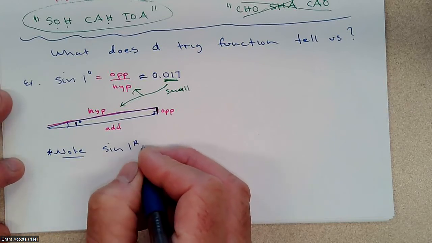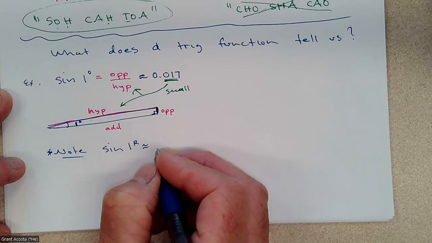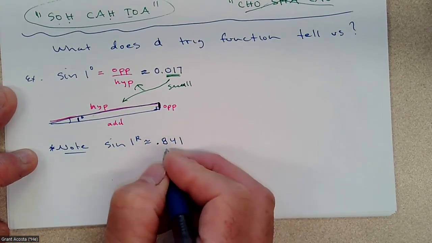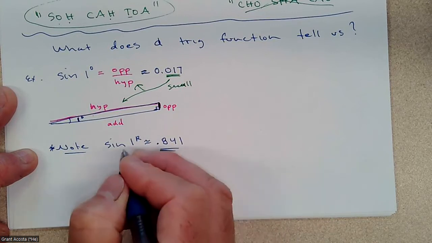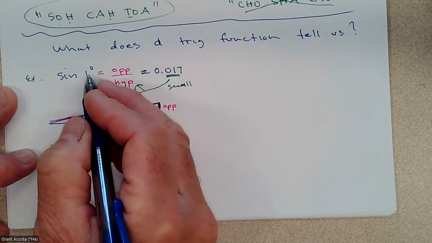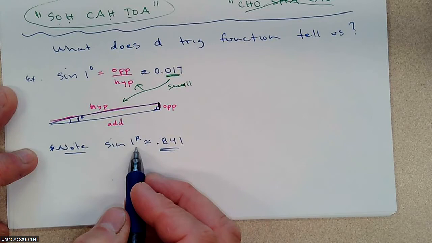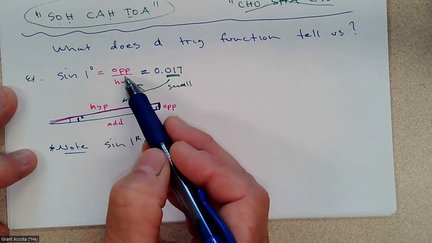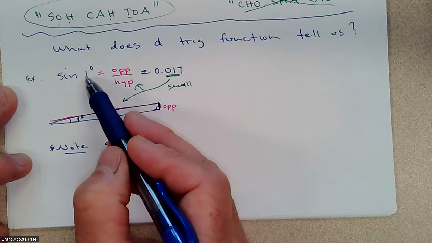That's a very different triangle. If you approximate that on a calculator, you end up getting 0.841, which is correct for the sine of 1 radian, but not for the sine of 1 degree. So I guess understanding what a trig function is could help you catch mistakes.